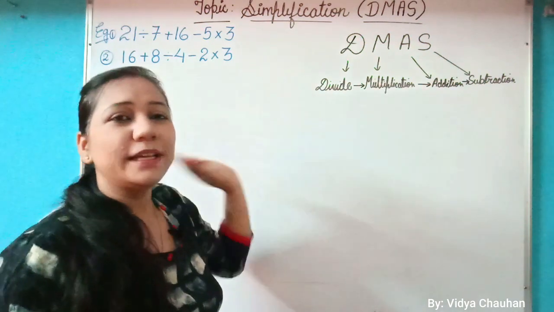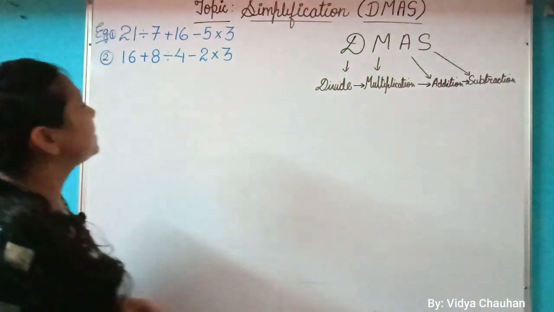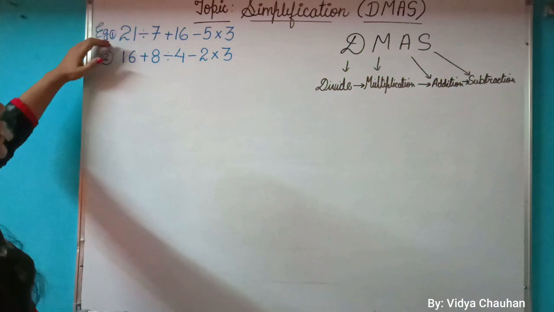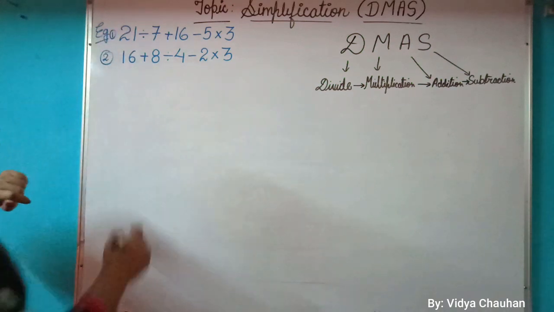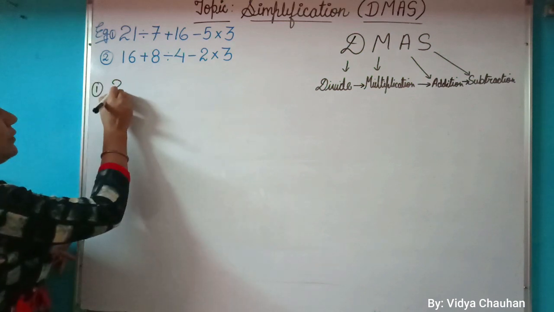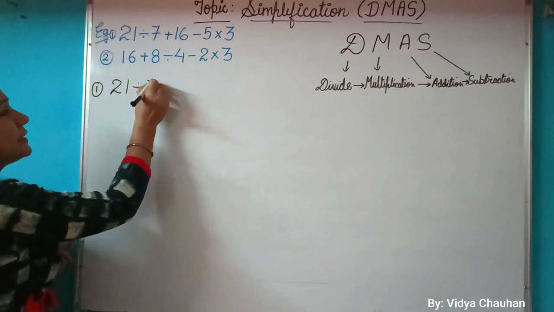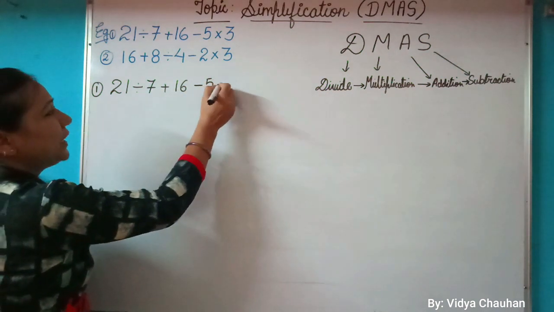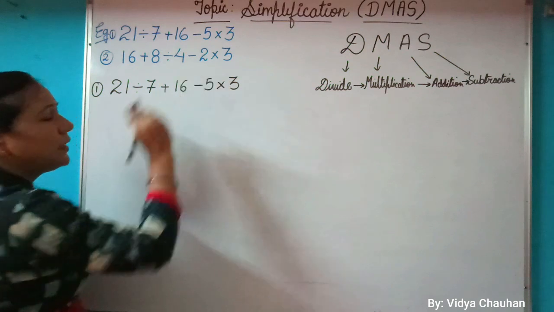Let us move to the examples now. Here I have taken two examples, and we will solve them one by one. Let's take the first one: 21 divided by 7 plus 16 minus 5 multiplied by 3.